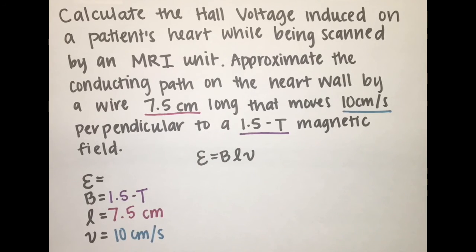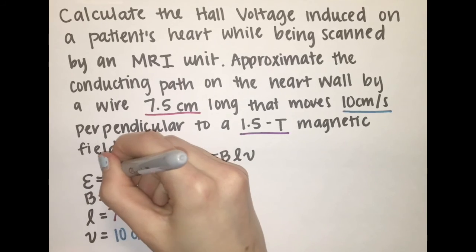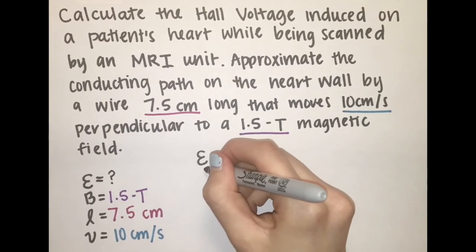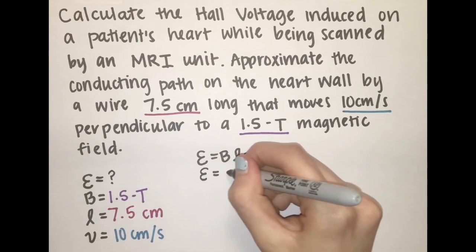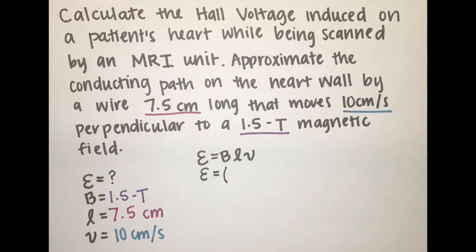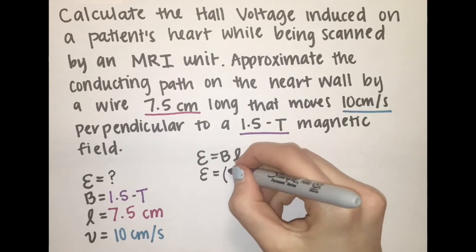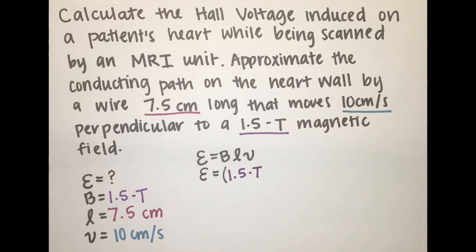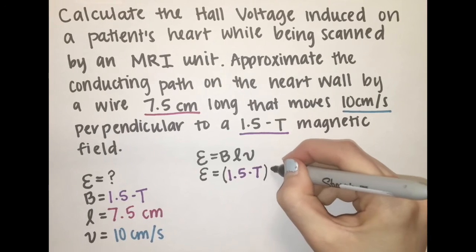And we will be solving for the Hall EMF. So we can just plug all this information given to us into this equation, making sure to convert our length and velocity units from centimeters into meters.